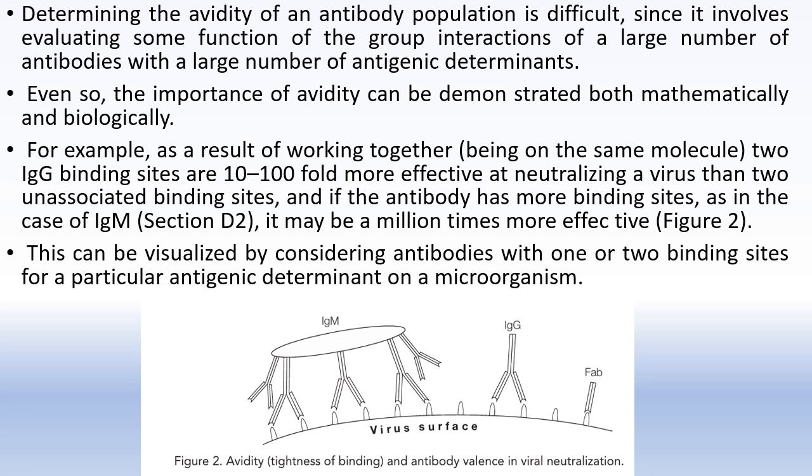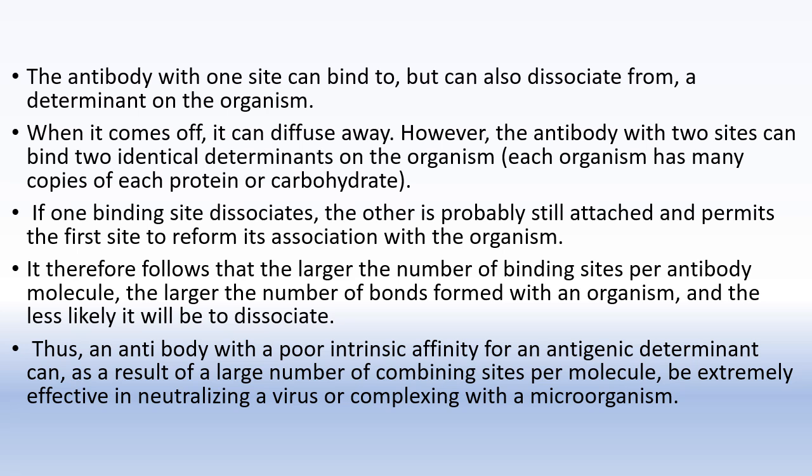This can be visualized by considering antibodies with one or two binding sites for a particular antigenic determinant on a microorganism. The antibody with one site can bind to but can also dissociate from a determinant of an organism. When it comes off, it can diffuse away. However, the antibody with two sites can bind two identical determinants on the organism.